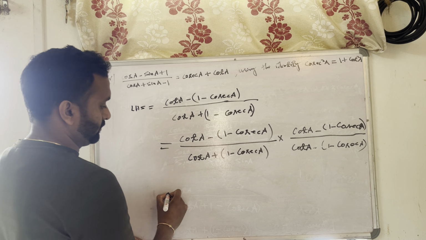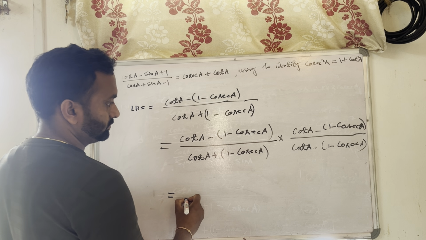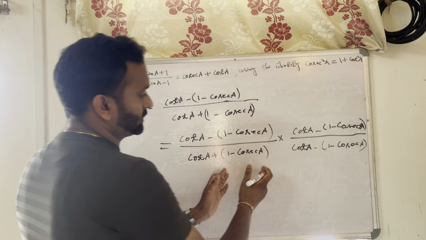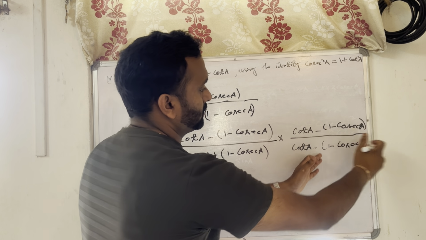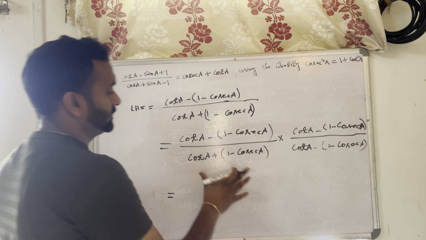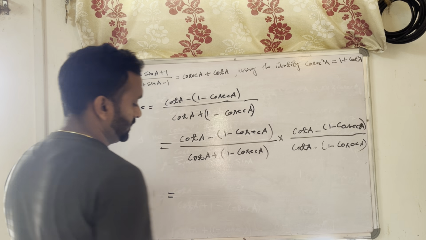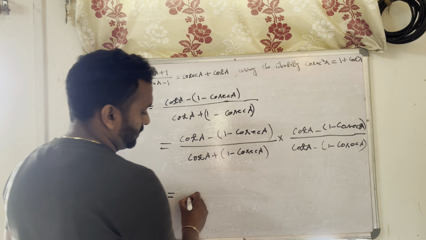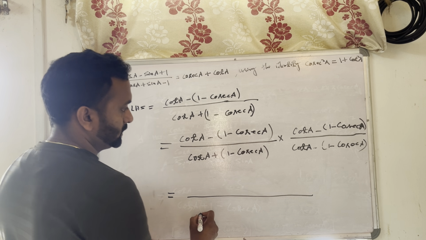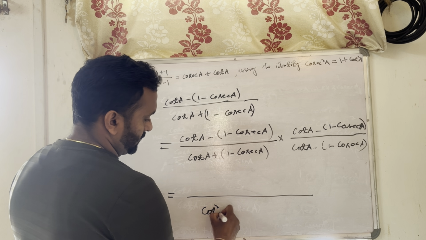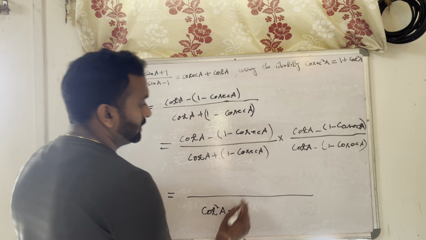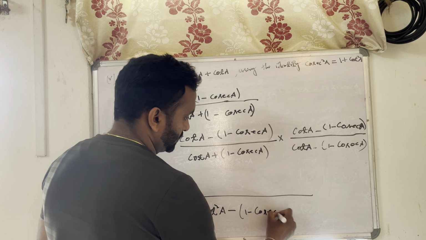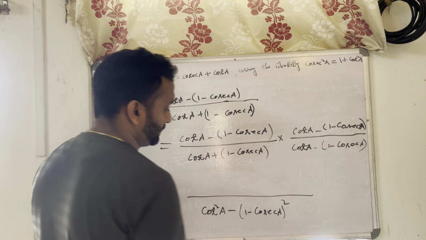Again, look here carefully. It is cot a plus 1 minus cosec a, and it is cot a minus 1 minus cosec a. This is a plus b, a minus b. So we can use a square minus b square in the denominator. So how much are we getting then? We are getting cot square a minus b square, where b is 1 minus cosec a, whole thing square.